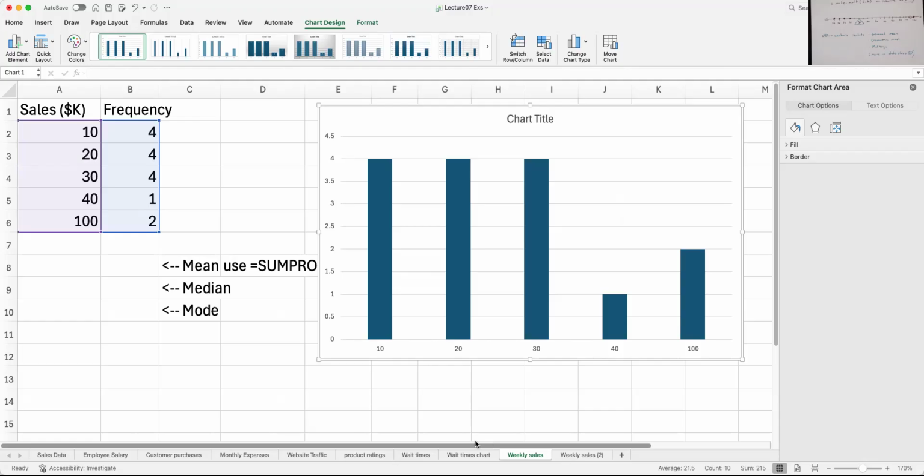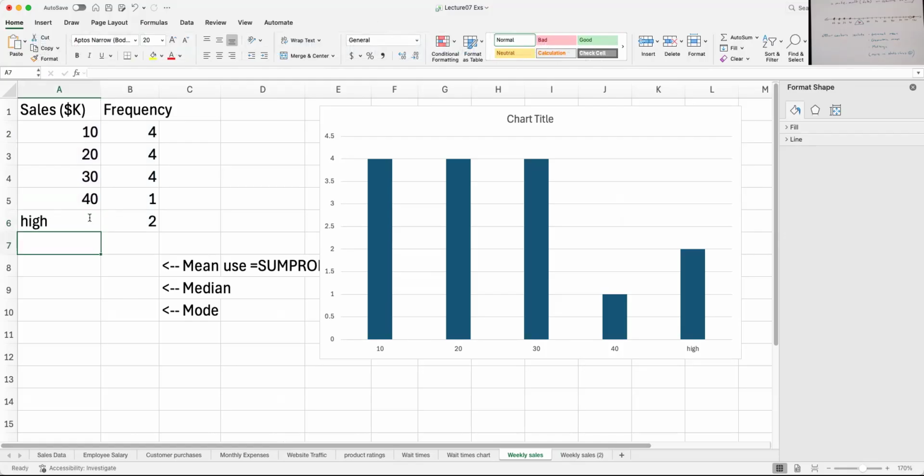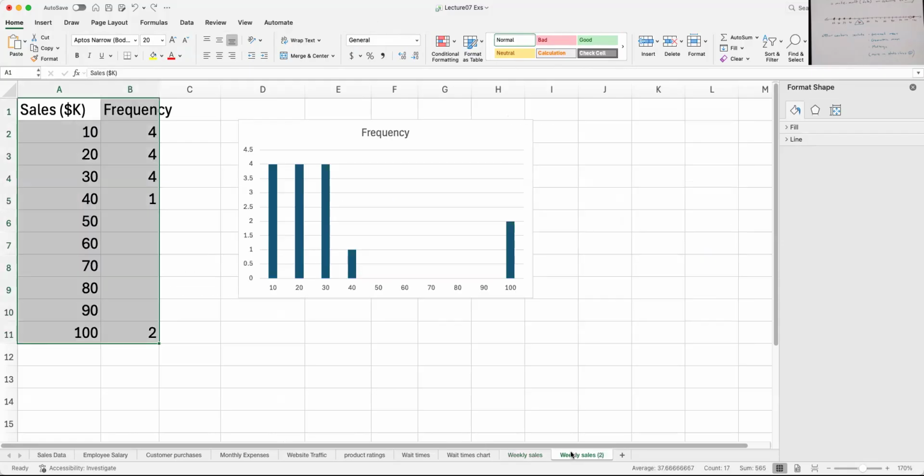As a matter of fact, if I went up here and I changed the number 100 to be the word high, it would change the label. It doesn't know that that's supposed to be a number. And so to me, if I'm thinking of these as thousands of dollars in sales, that doesn't look like it's an outlier. So I cheated. And I copied this data over to look like this.